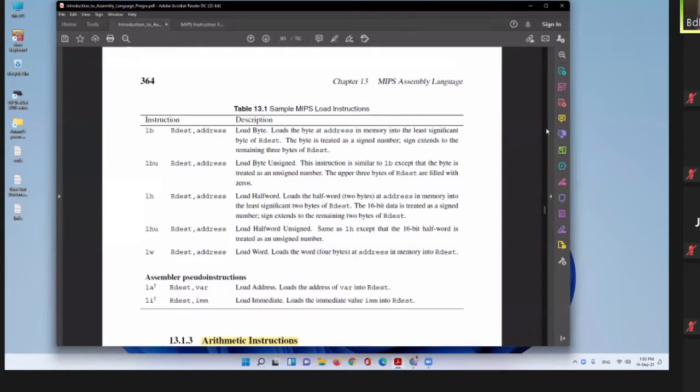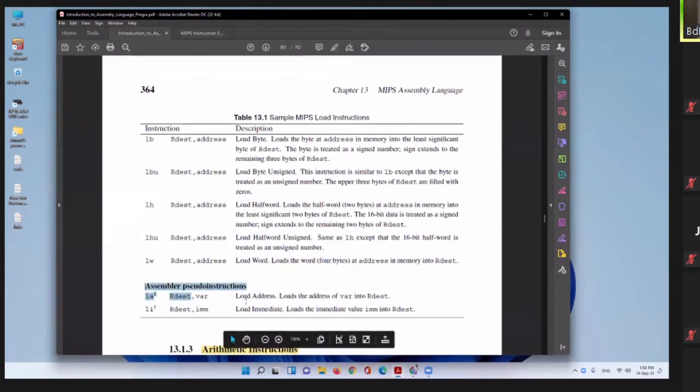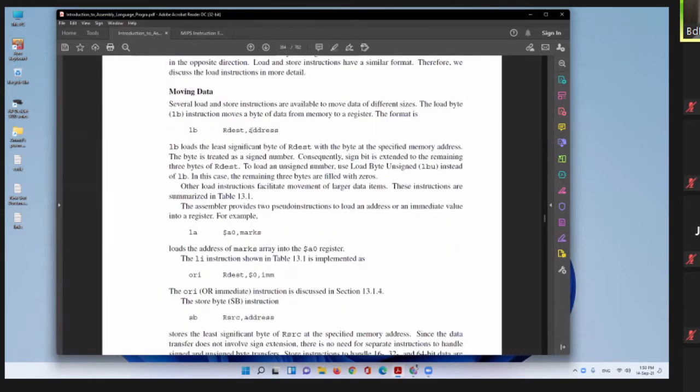Do not worry about this. These are pseudo instructions by the assembler. We don't need to consider them at the moment. We just need to know LB, LBU, LH, LHU, and LW. In the example, there is the address you are going to transfer, and that is the destination register.